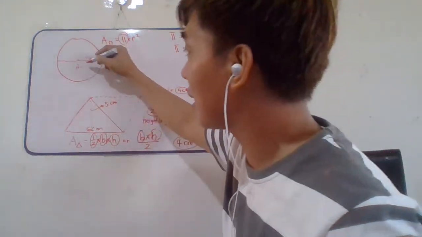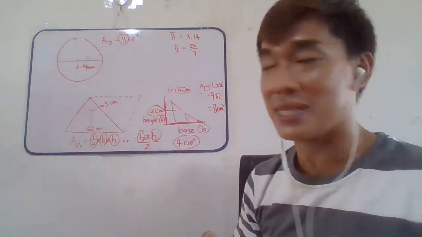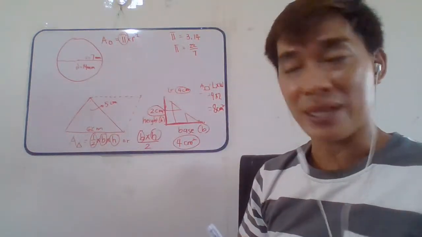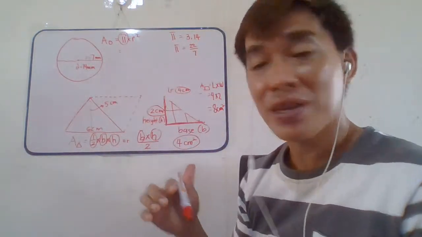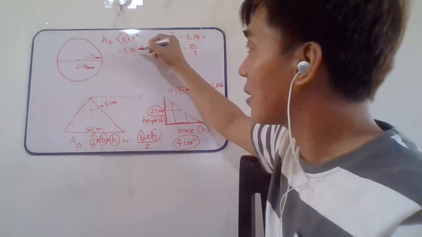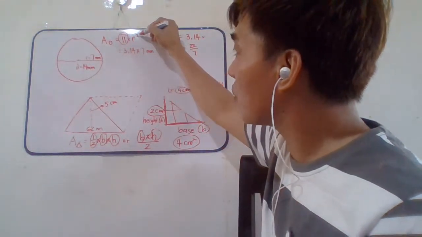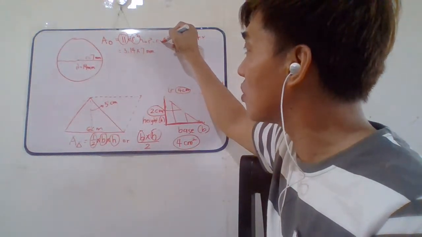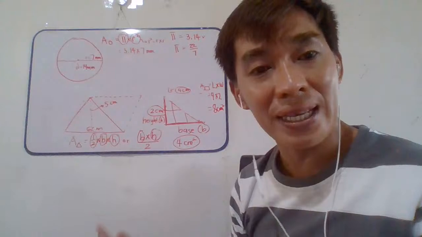So for example, if the diameter here is 14 millimeters, let's change the unit, millimeters this time, our radius is 7 millimeters. Now, the area would be 3.14, let's use 3.14 this time, times the radius, which is 7 millimeters, squared. r squared is equal to radius times another radius, you multiply radius twice by itself.